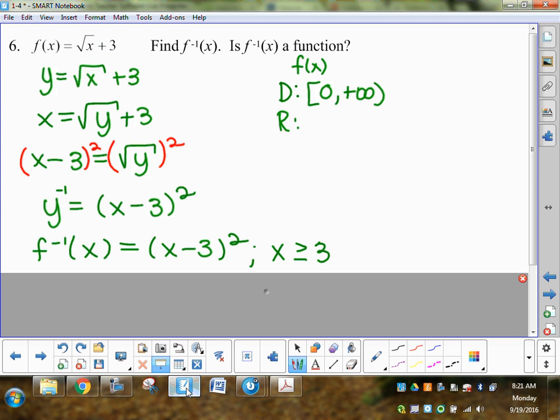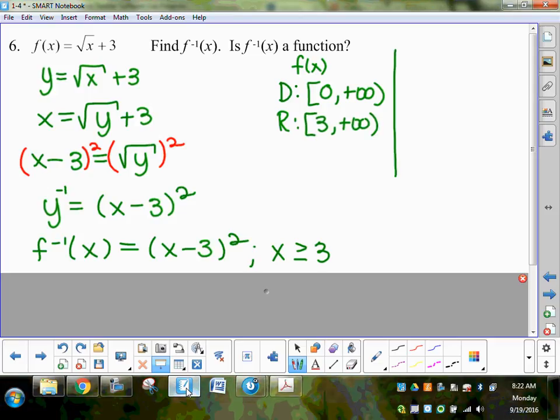Bracket or parentheses at the 3? Now, knowing that, let's answer this without looking at the graph. Hands up, please, if you can tell me what the domain of the inverse is going to be.